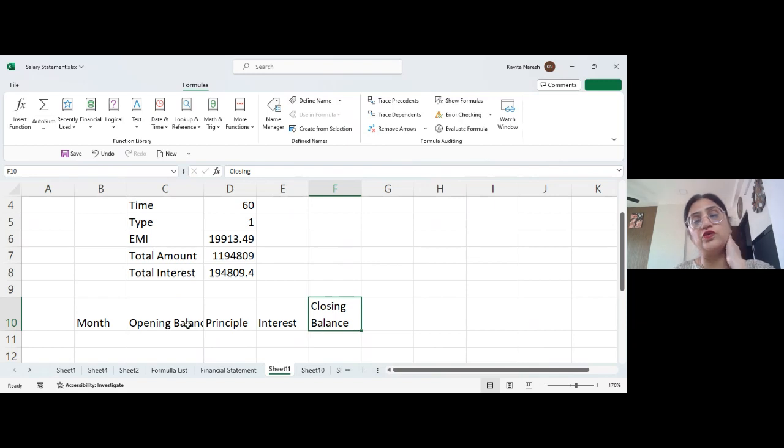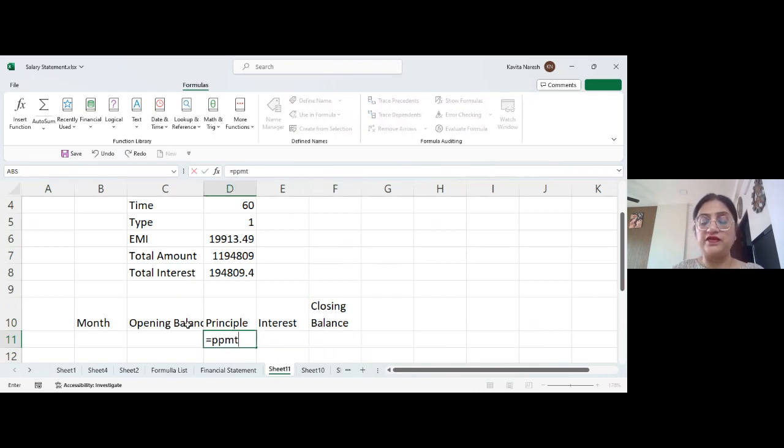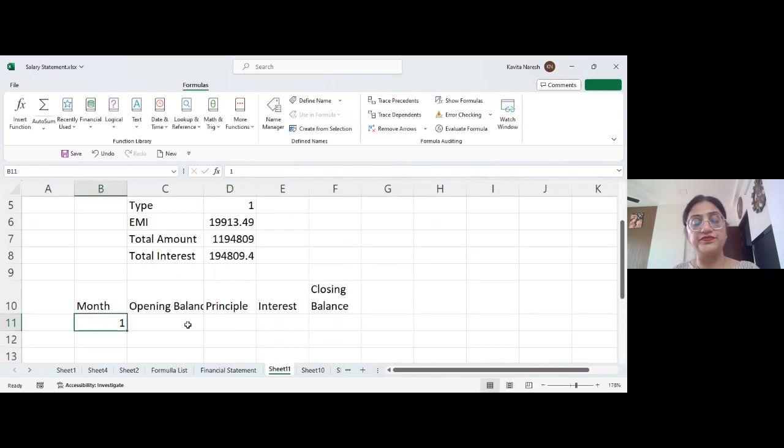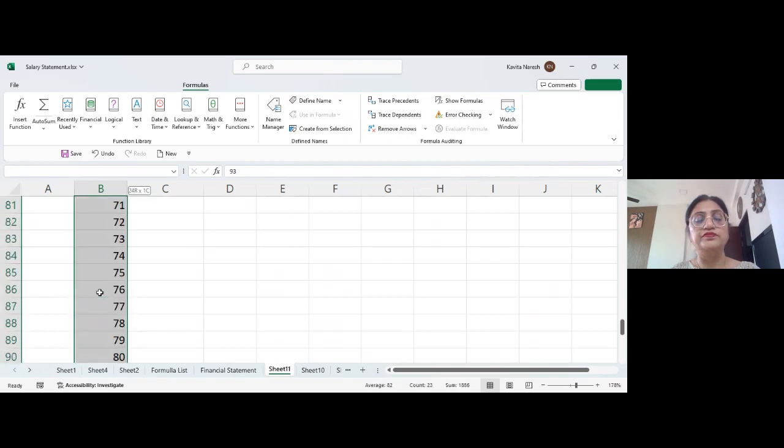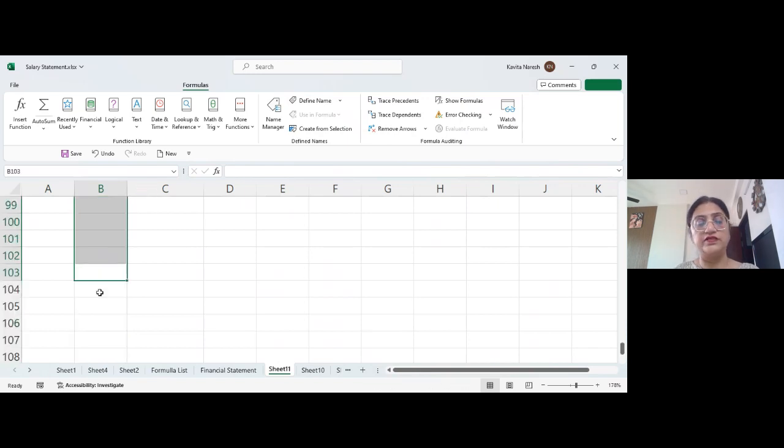There is no need to do the calculations plus minus, only need to use the formulas. Is equal to PMT, PPMT to calculate the principal. So first I should enter here the months. Okay. $60. Okay. Next.